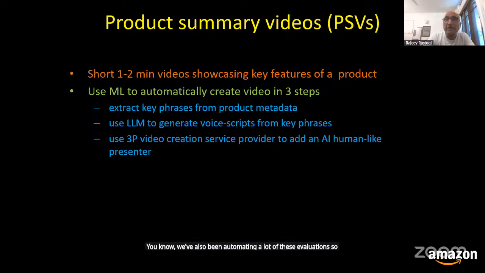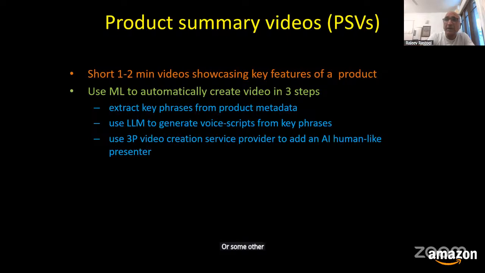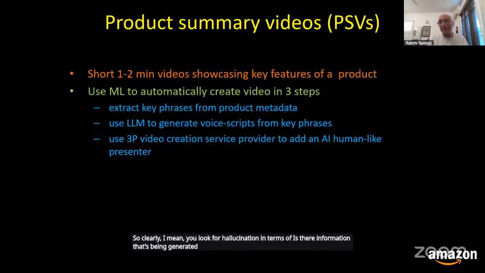So we have Claude or some other publicly available powerful LLMs also being used to do auto evaluations, right? You look for hallucination in terms of whether there is information in what's being generated that wasn't in the inputs that were provided to the LLM, right?